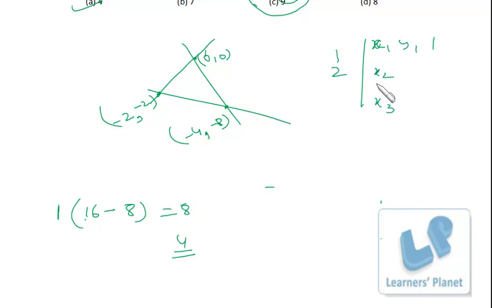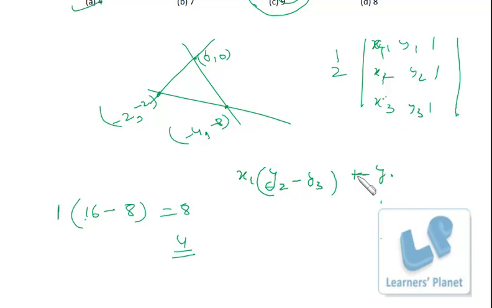So that is half, just keep it aside, x1 into y2 minus y3, then plus, minus y1 into x2 minus x3, then plus 1 into x2 y3 minus x3 y2, right?